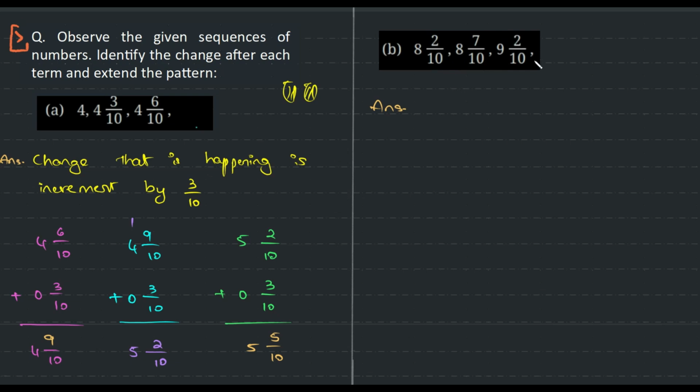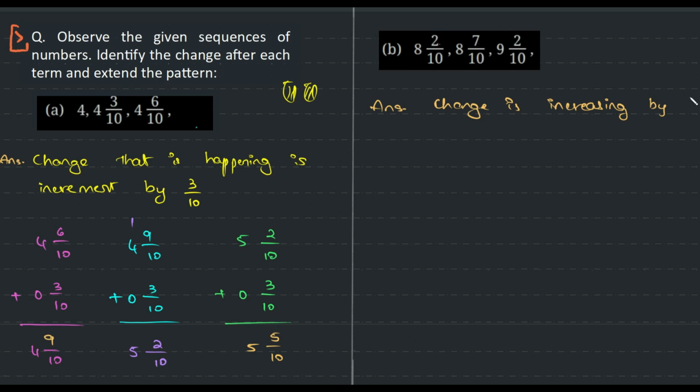So what is the change happening? So we are moving from 8 to 9, means it's increasing, means we are adding something. So the change is increasing by, how much is it increasing by? We are looking at the fractions increasing from 2 to 7.